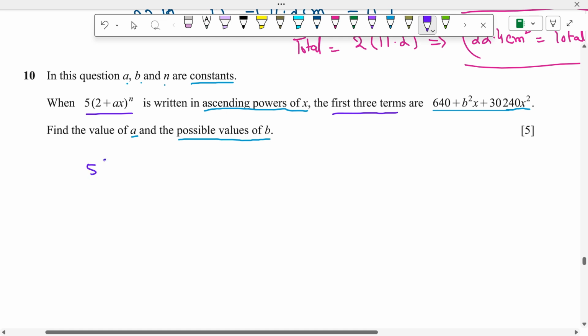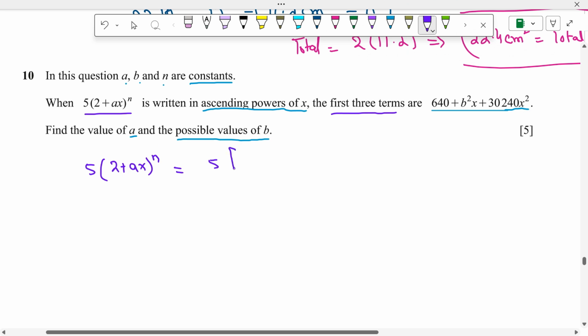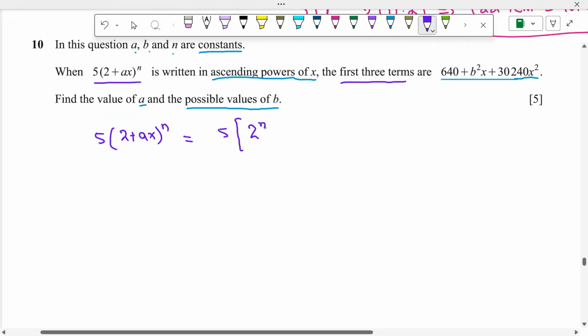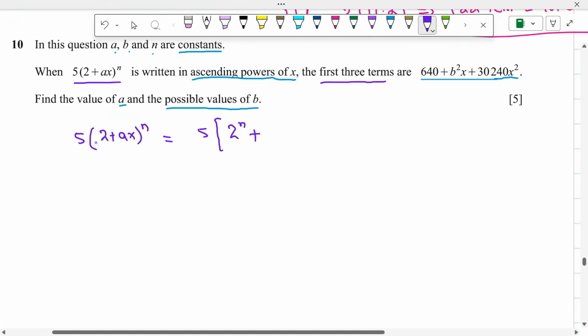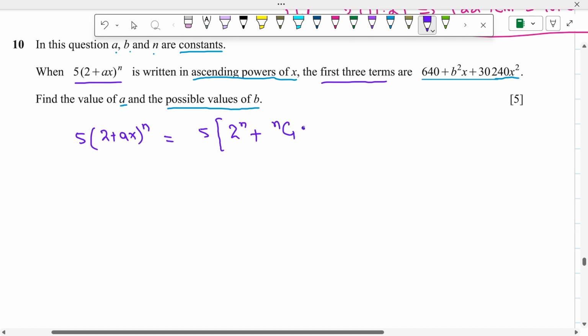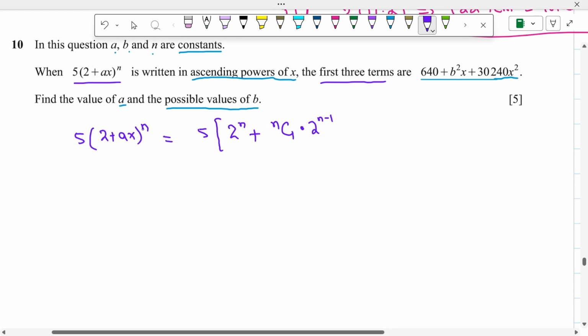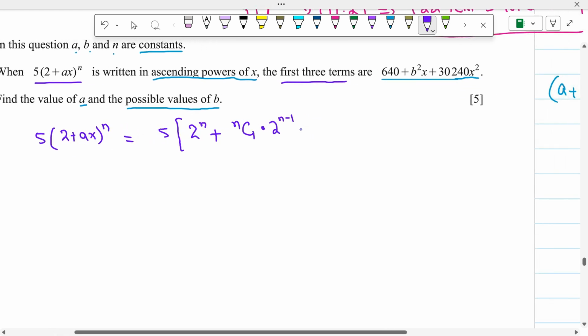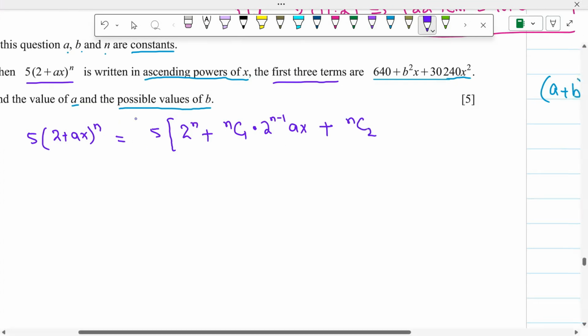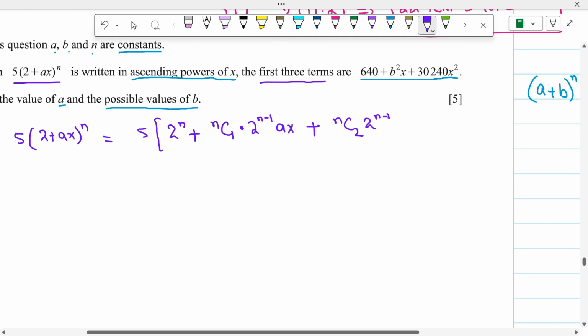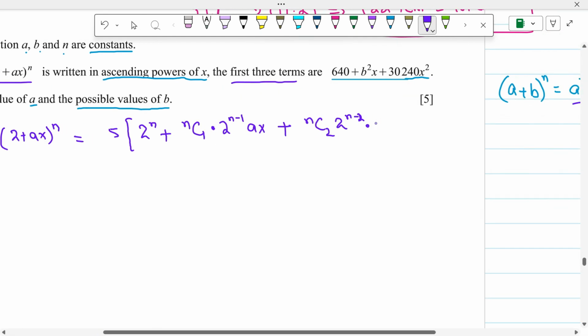So (5 + ax)^n is equal to 5 to the power of n plus n combination 1 times 5^(n-1) times b^1, and in this case b is ax, plus n combination 2 times 5^(n-2) times b^2, so b² means (ax)².